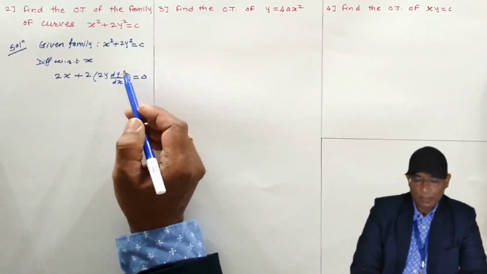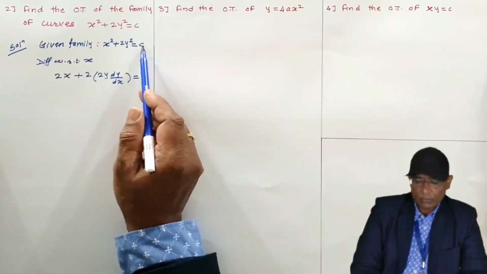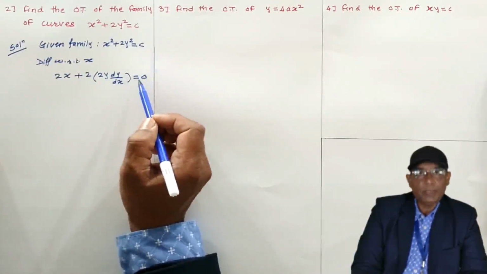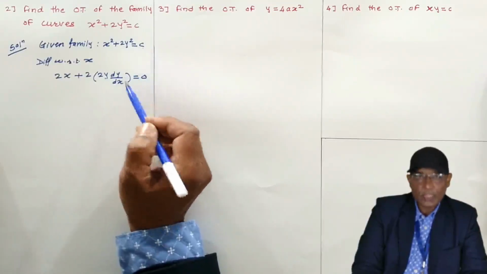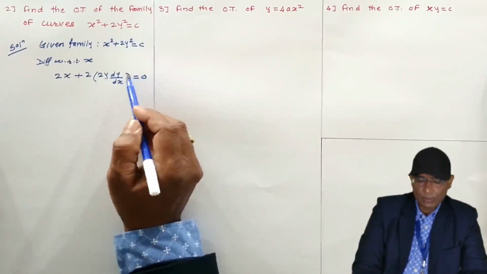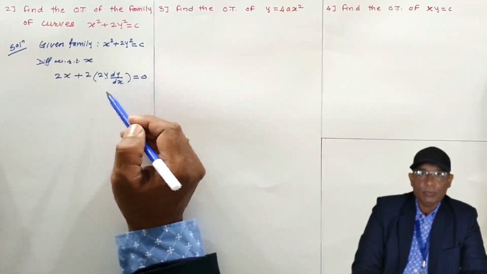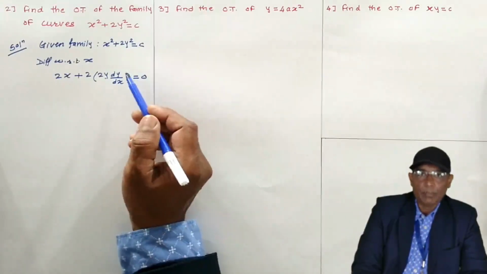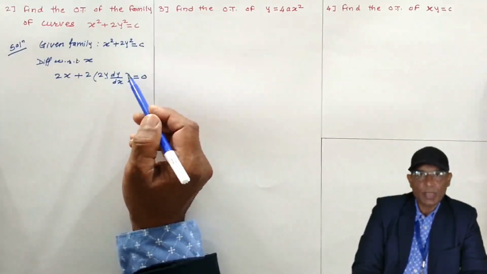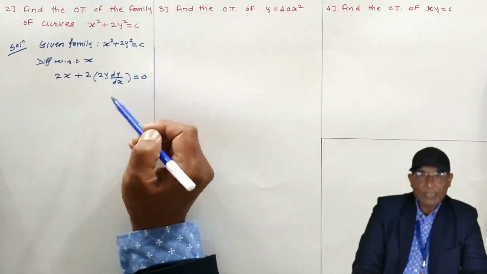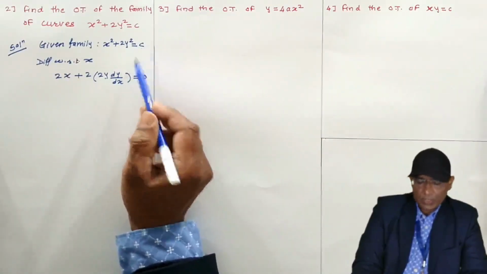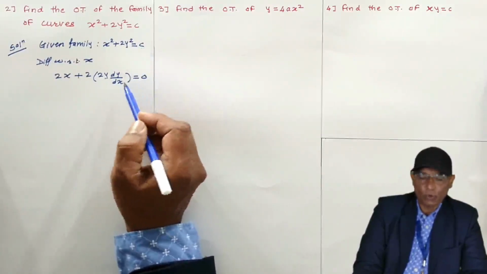Now here what happened? After taking the derivative, this c has been already removed. c has been removed by taking the derivative. Okay. In the previous problem, we had to take efforts to remove m. Here, after differentiation, the c has been removed, and that is what we want.